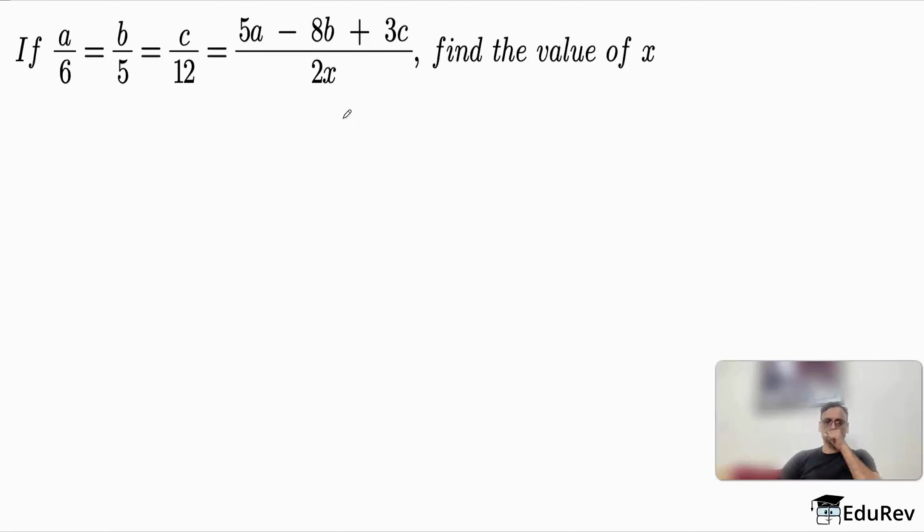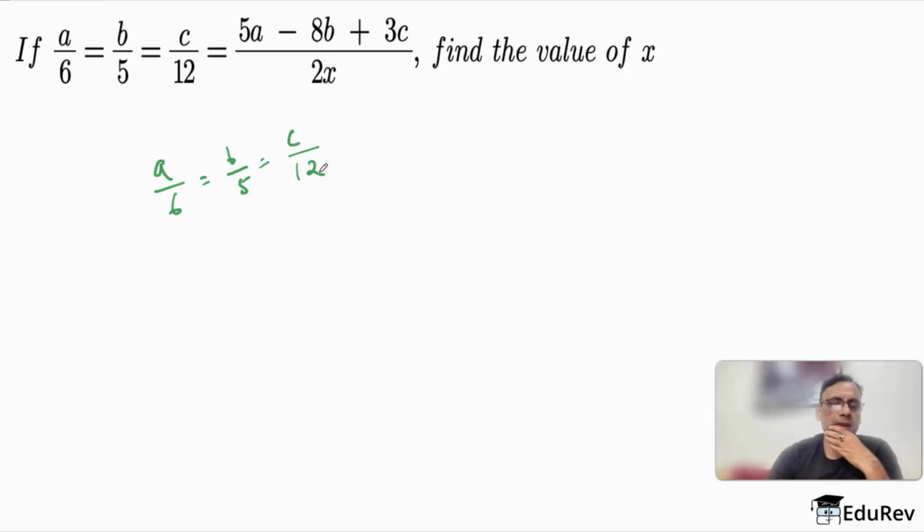Fine. So let's do one thing. Let's write a by 6 is equal to b by 5 is equal to c by 12. This is my original fraction, right?